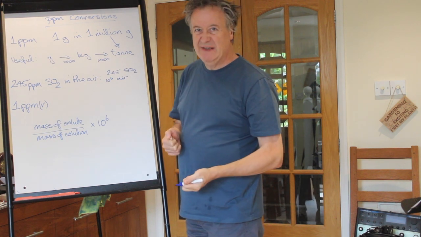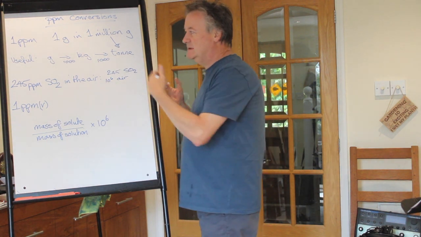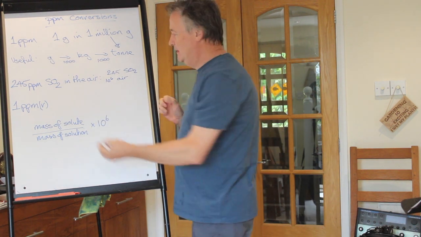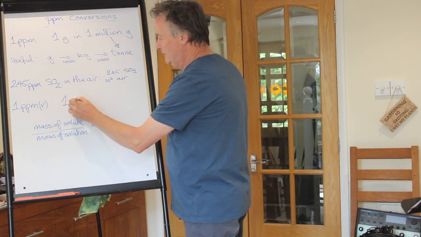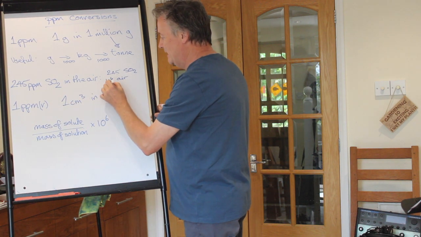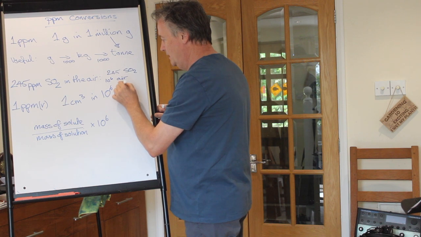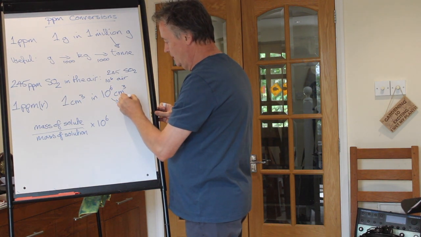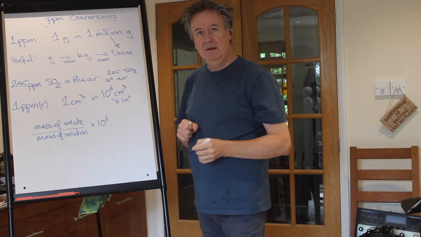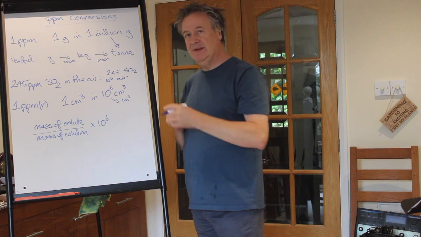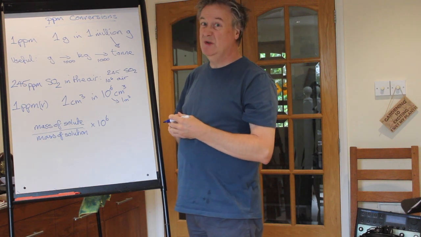But you don't really think of it like that. What you really do is something else, and we'll come to that in just a second. When you do parts per million volume, it's 1 centimetre cubed in 1 million centimetre cubed. A similar thing to that is a cubic metre. So it's 1 centimetre cubed in a cubic metre, which is quite big.